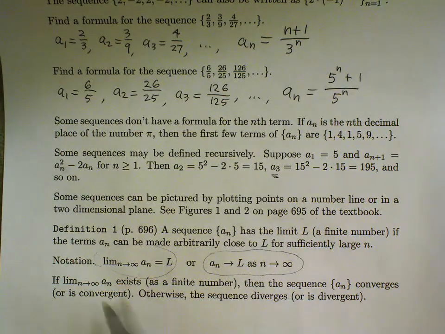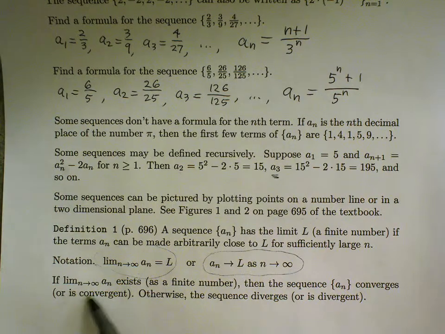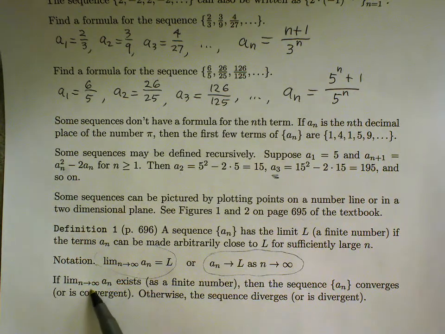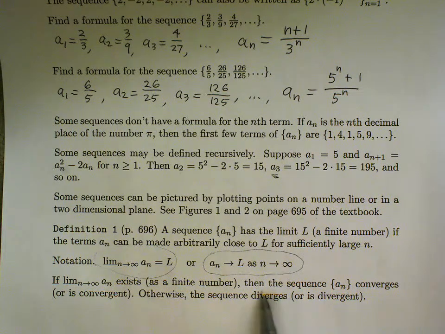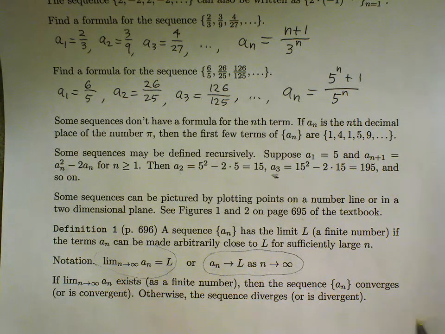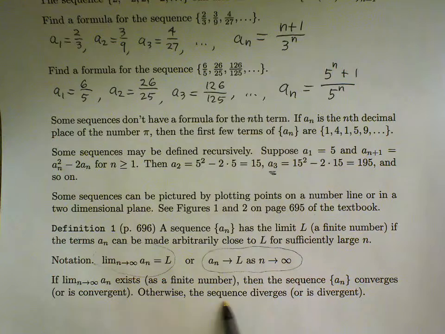Okay, then the next one, if the limit as n approaches infinity of a sub n exists as a finite number, then the terminology for that is to say that the sequence a sub n converges, or that the sequence is convergent. Otherwise, the sequence diverges, or it's just divergent.